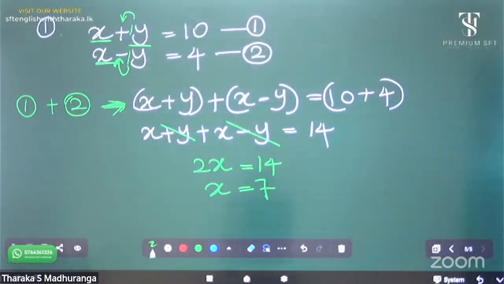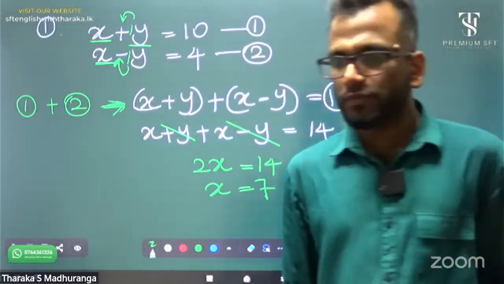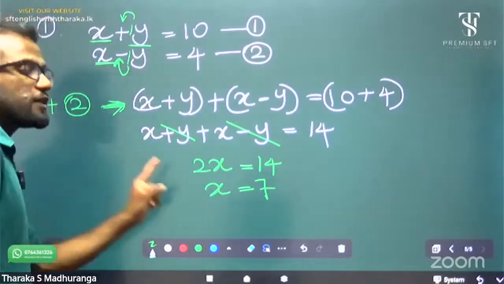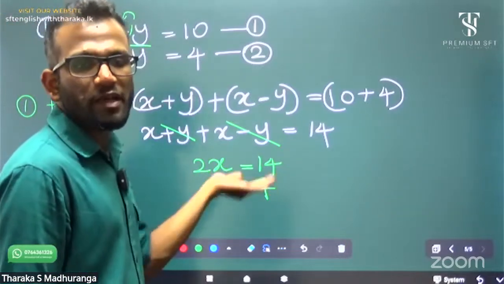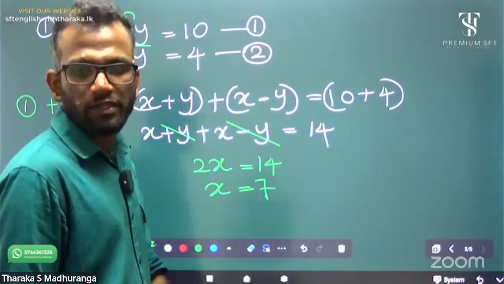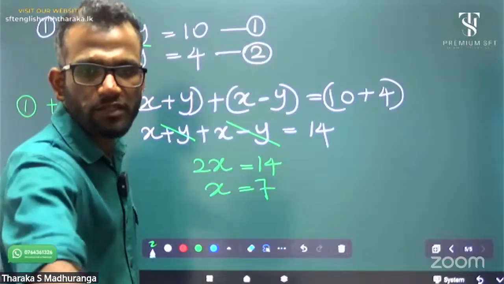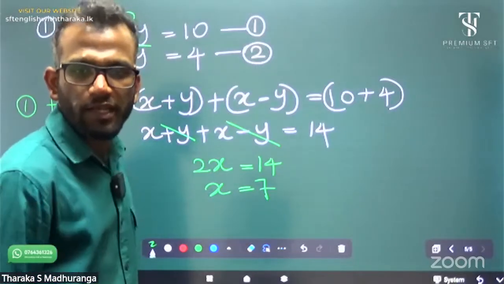The x value I found was 7. We can calculate y. You can substitute x equals 7 into any one of the two equations, the first or the second equation.